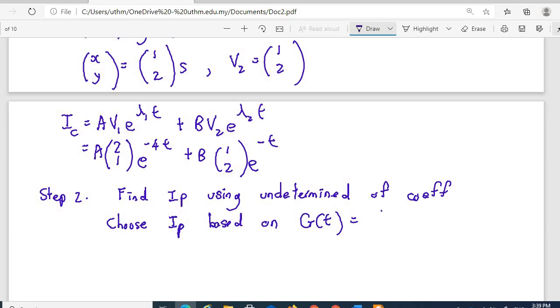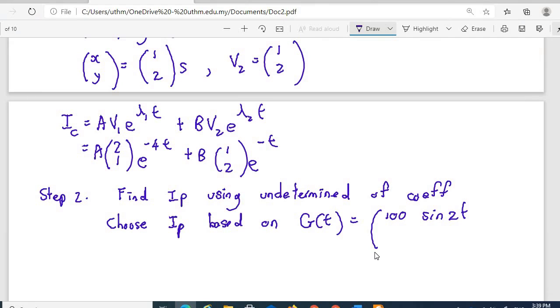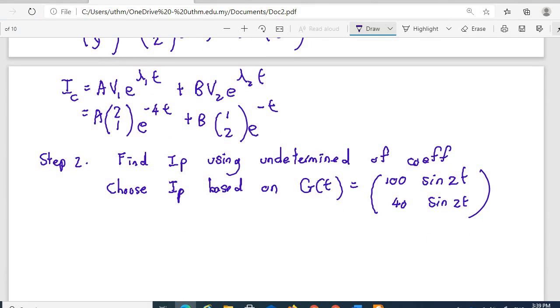GT you have 100 sin 2t, 40 sin 2t. Then the IP is similar to a second order non-homogeneous differential equation.